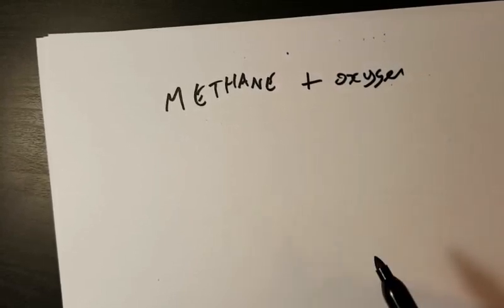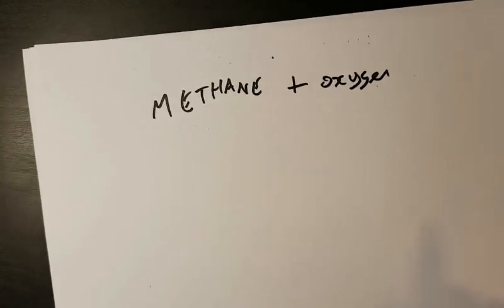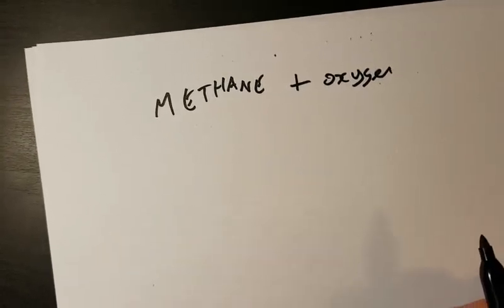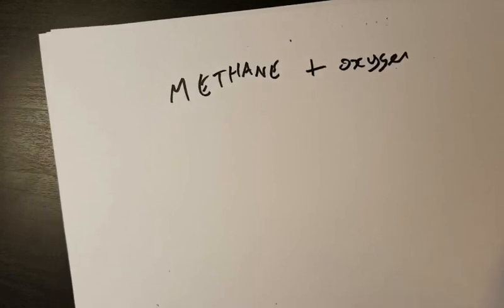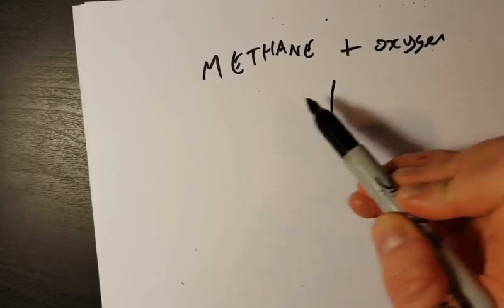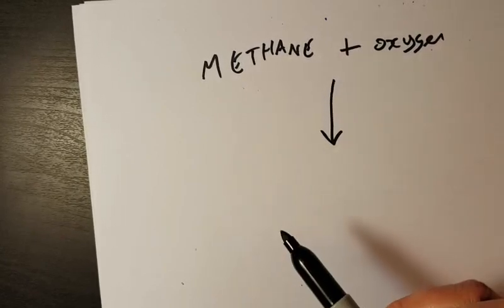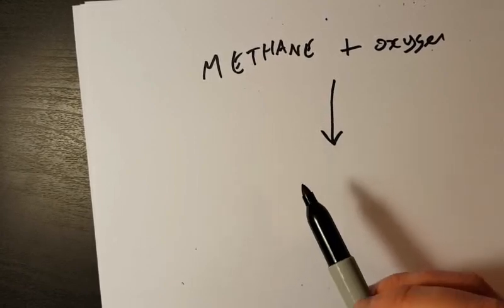So this is looking now at the word equation of combustion. For a fire, you need oxygen, don't you? If you don't have the oxygen, the fire will go out, the combustion will stop, and that's why you have fire blankets and things, or you have fire extinguishers, which are to prevent oxygen getting to the fire. So we have methane plus oxygen.